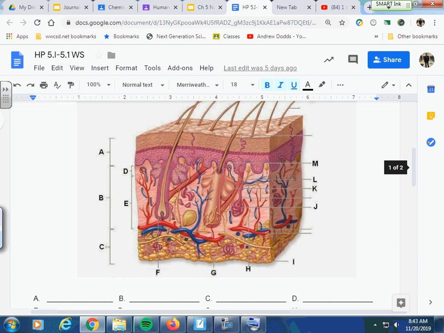Okay, all right, so A is pointing at the uppermost layer of the skin, which is the epidermis. B is pointing at the layer underneath that, dermis, so you will see this diagram on Friday. C is the hypodermis or subcutaneous layer.